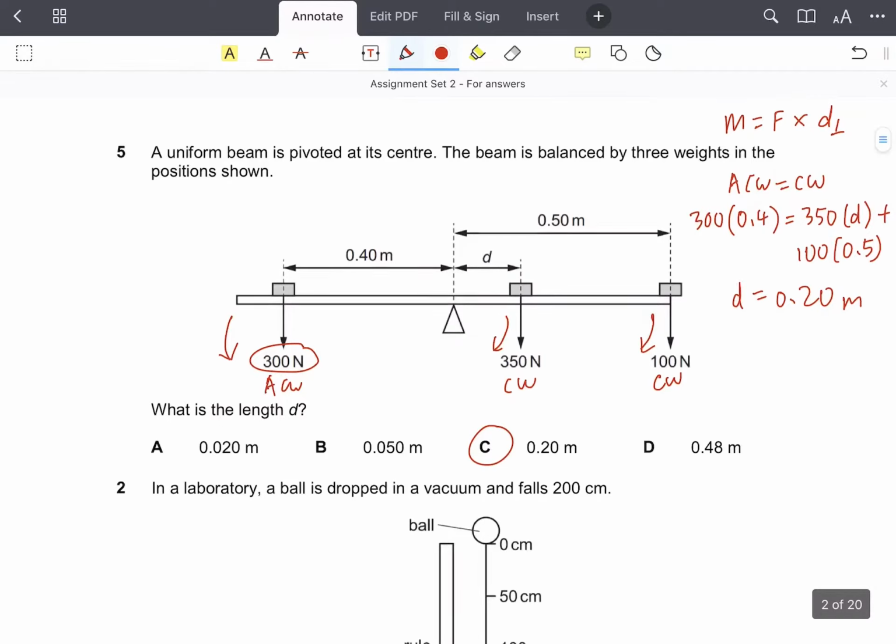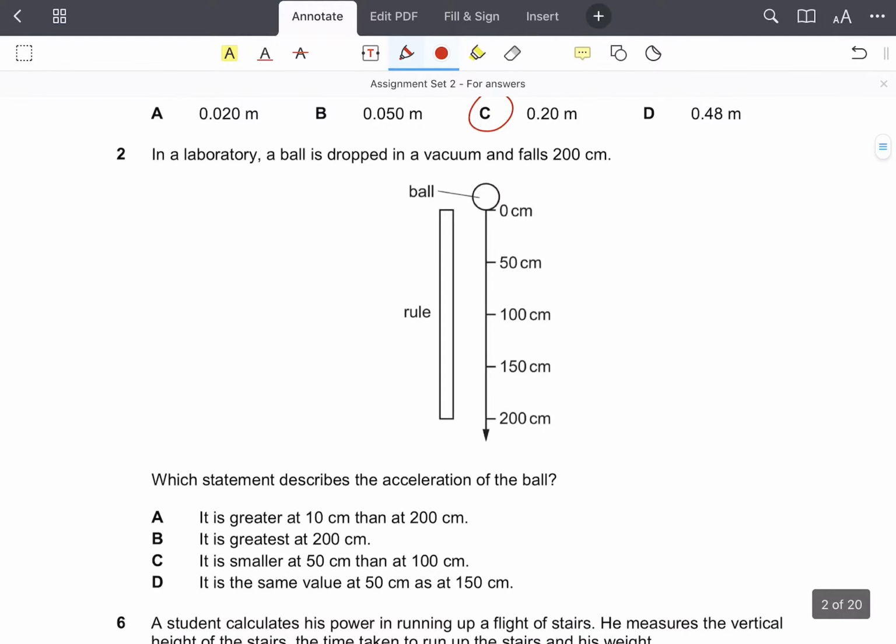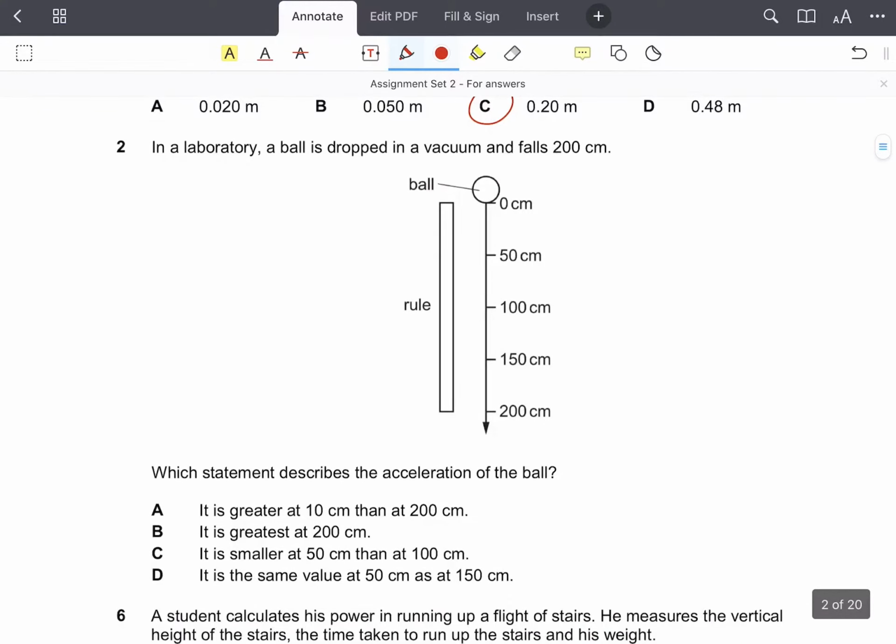Okay. Next one, the numbering a bit funny, but never mind. So a ball is dropped in vacuum. So the keyword vacuum, no air resistance. So technically you are free falling only due to gravity.